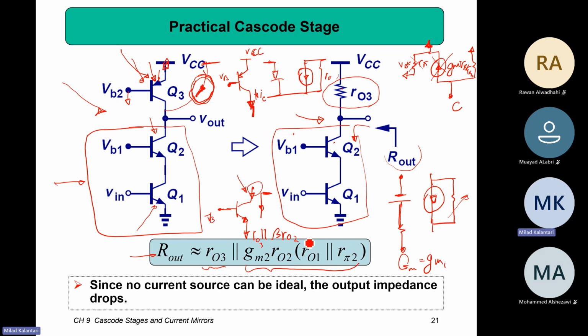So what would the final value be? It's basically RO3, right? So the final gain is going back. We try to increase the gain, but the R out is not increasing, right? What was the reason? The gain has not increased this time.